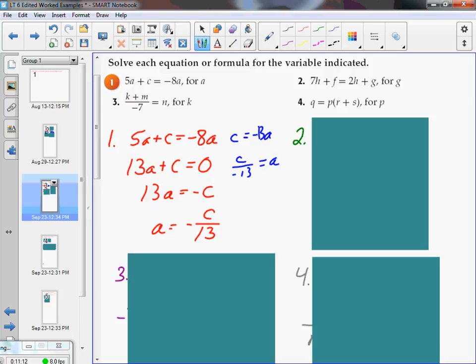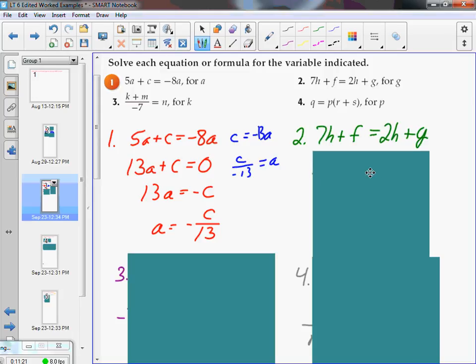Number 2, solve for G. All right, so I've only got a single G term. Right there, right? That's the only G written in the equation. Get it by itself. What do I need to do to both sides?